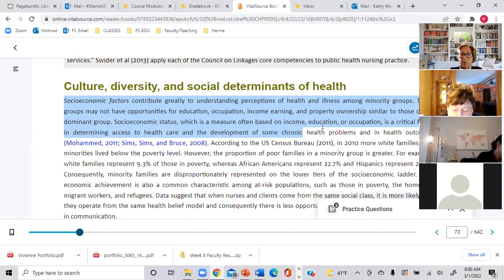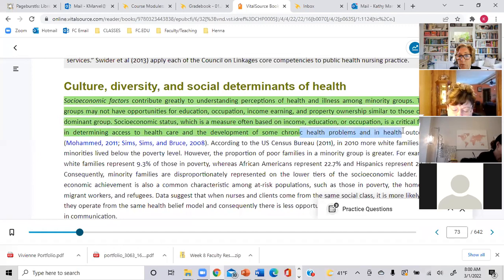I want you to read through this. Socioeconomic status, which is a measure often based on income, education, or occupation, is a critical factor in determining access to health care and the development of some chronic health problems and in health outcomes.